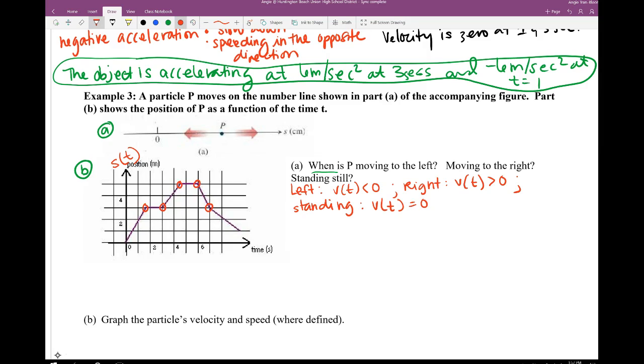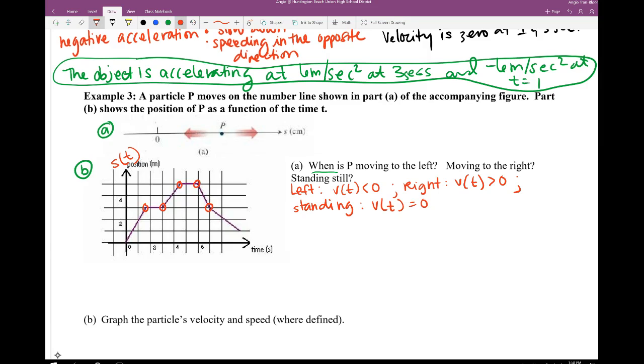What's happening with the slope, or the derivative, at all of those red marks? I want you to think for a second. What's the derivative at all of those red circles? Would you agree that the derivative is not defined?